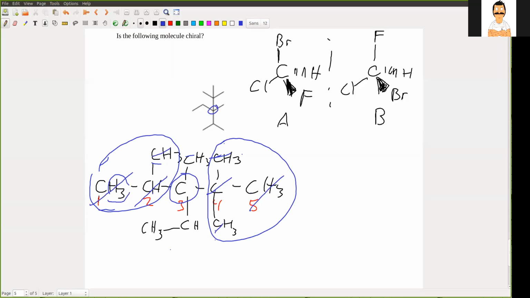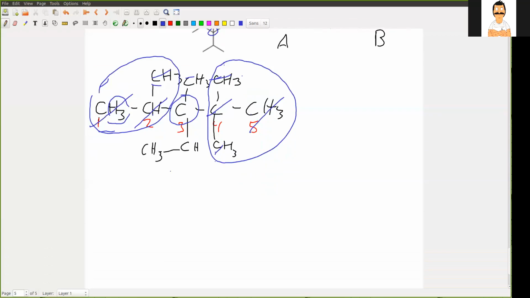If you were to draw this out in the simplest fashion you can, you could say carbon, and then you have a CH, you'd have a CH3 in the back, and then up front you would have this ethyl group, CH2, CH3.